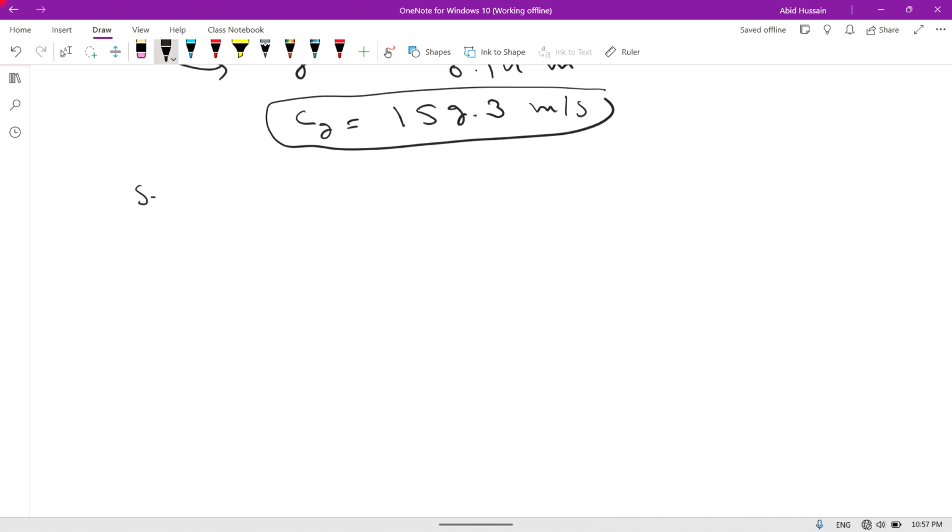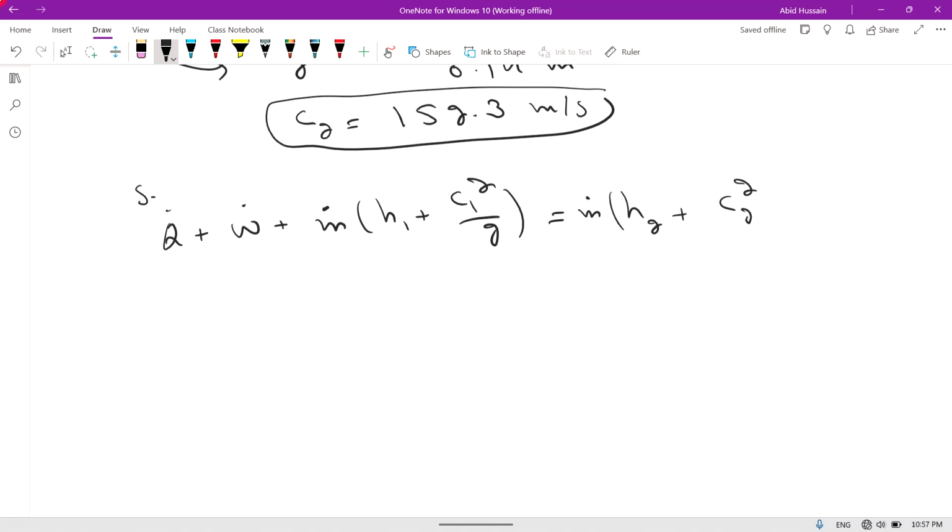Now we are finding W dot, the power output. So from the steady flow equation, Q dot plus W dot plus m dot times (H1 plus C1 square divided by 2) is equal to m dot times (H2 plus C2 square divided by 2).